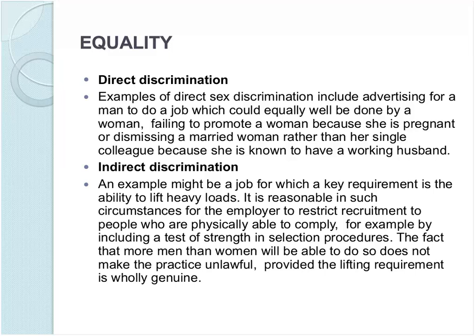The first one is the word. When we are talking about indirect discrimination, we have our rights, right? And if we have our rights, we have to talk about this. We have to protect our rights. And about direct discrimination, for example, it's about a woman who is pregnant.